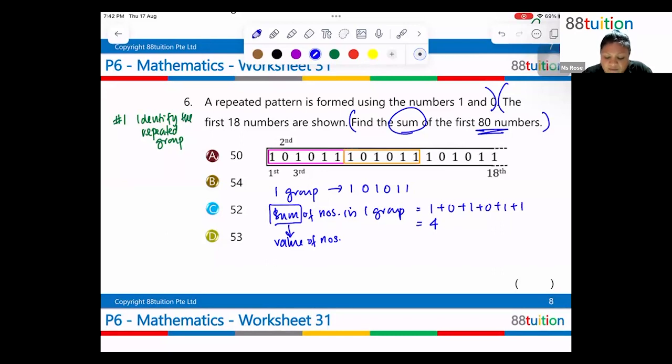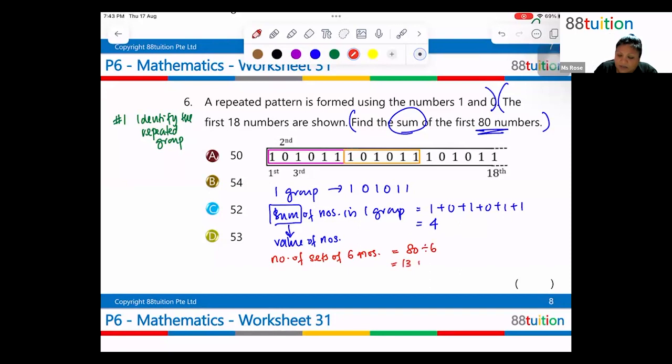Okay, now we want to find the sum of the first 80 numbers. Before we can do that, we need to find out how many sets of 6 numbers there are in 80 numbers. So I need to find the number of sets of 6 numbers. 80 divided by, sorry, not divided by 4, 80 divided by 6 gives me how much? 13.